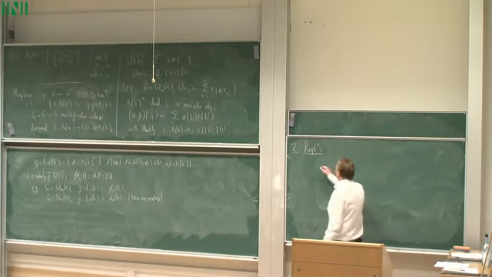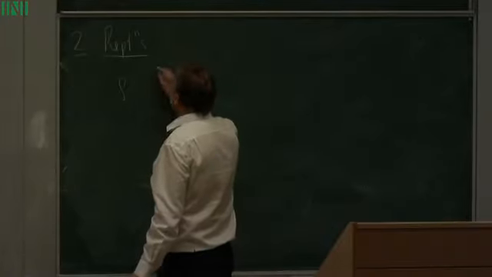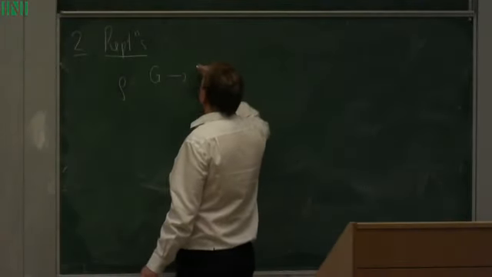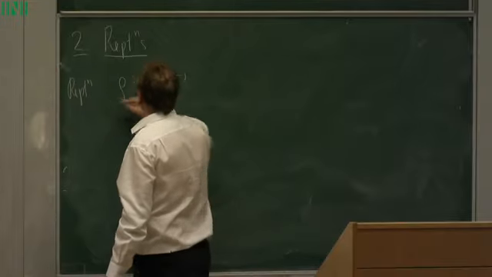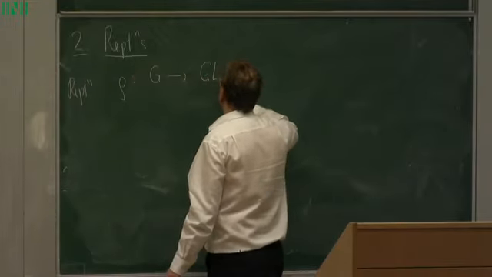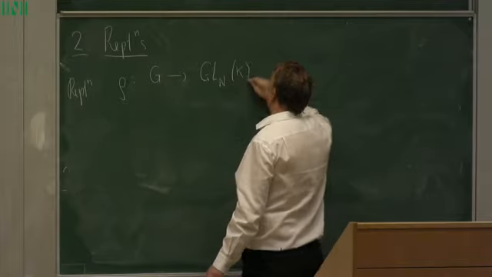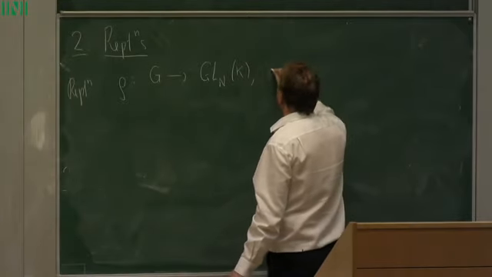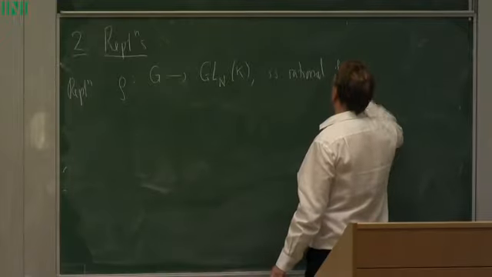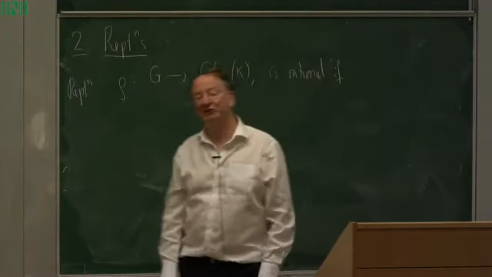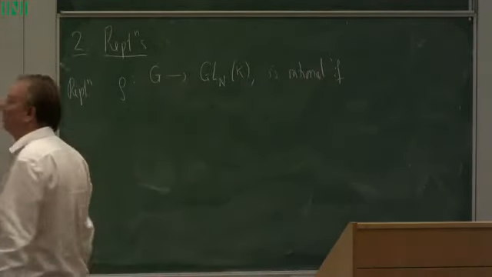So there's a name for that. A representation G to GL_n(K) is called rational just if it's a group homomorphism, if it's a morphism of algebraic groups.